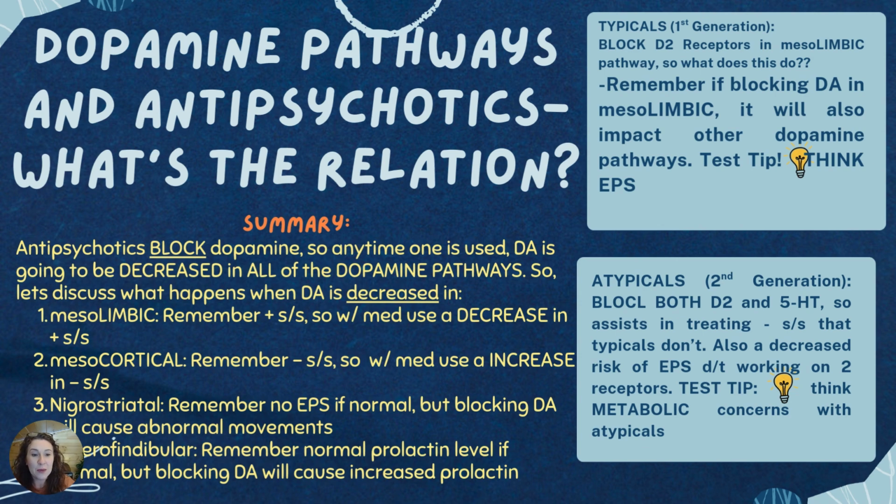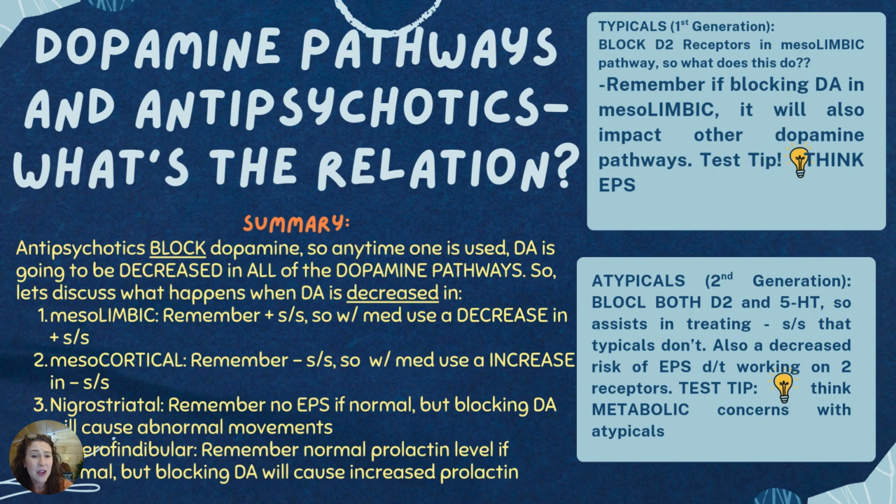Moving on to our atypicals, which are used a little bit more frequently now, and you'll see why here in a minute. Our atypicals, also known as second generation, they block D2 receptors, and also work on 5-HT. What is 5-HT? Serotonin. So these ones we use because they won't work on those negative signs and symptoms of schizophrenia so much.